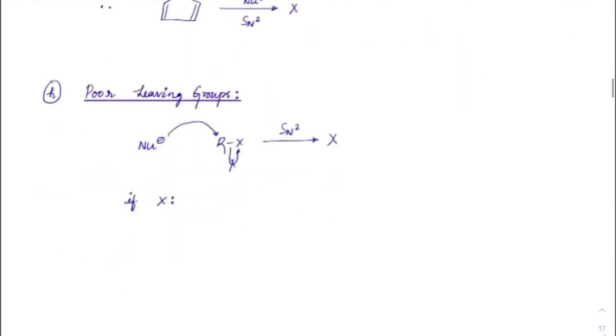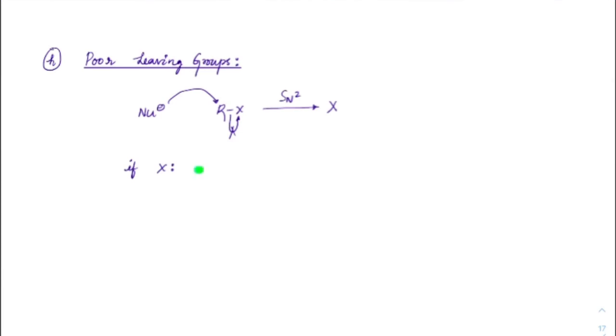Now the last thing where SN2 does not happen is when you have very poor leaving groups. If a nucleophile is trying to approach and the leaving group has to leave, this leaving group won't leave because it is a poor leaving group. So what kind of leaving groups are we looking at? OH doesn't leave that easily.